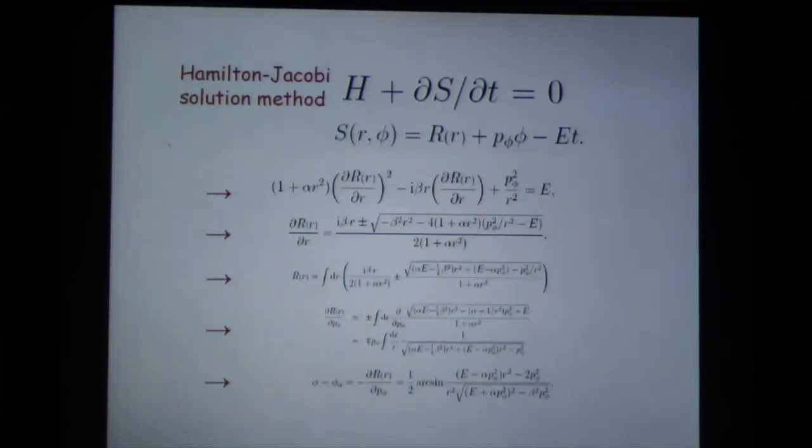Alexander Yachno is the one who produced the result, using the Hamilton-Jacobi equation, where we write it in this way, and then we find the function S, and we separate the function, and then we put it back, replace, integrate, put it back, replace it, and then extract the radius alone.